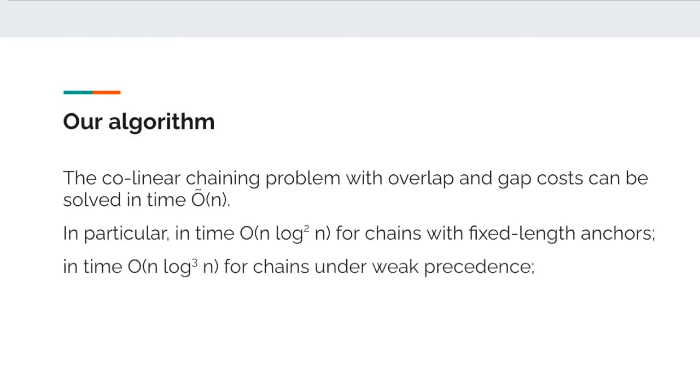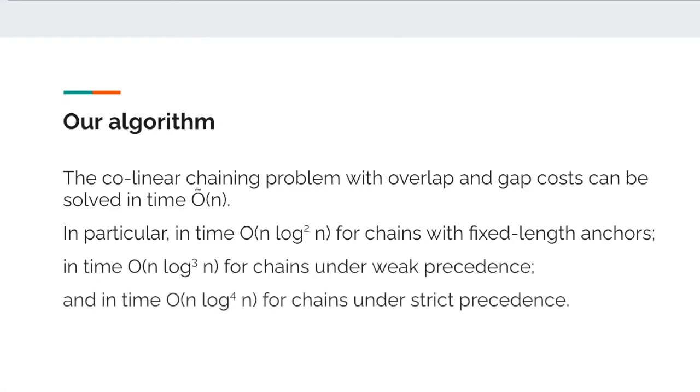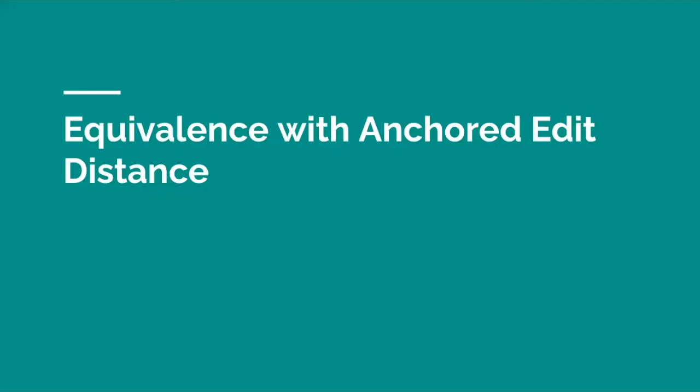For chains under weak precedence, not necessarily fixed length anchors, we can solve the problem in O(n log³ n) time. And for chains under strong precedence, we can solve the problem in O(n log⁴ n) time.